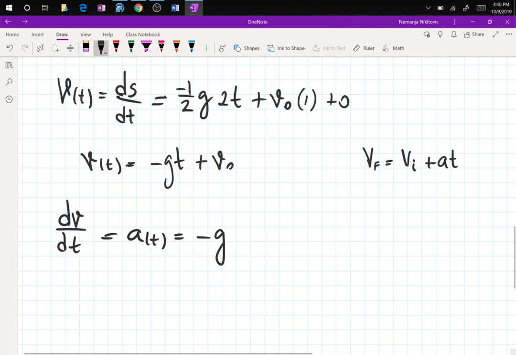So we found that acceleration is negative g, but we already knew that. Acceleration due to gravity. When you drop something, it accelerates with 9.81 meters per second squared as it goes down.